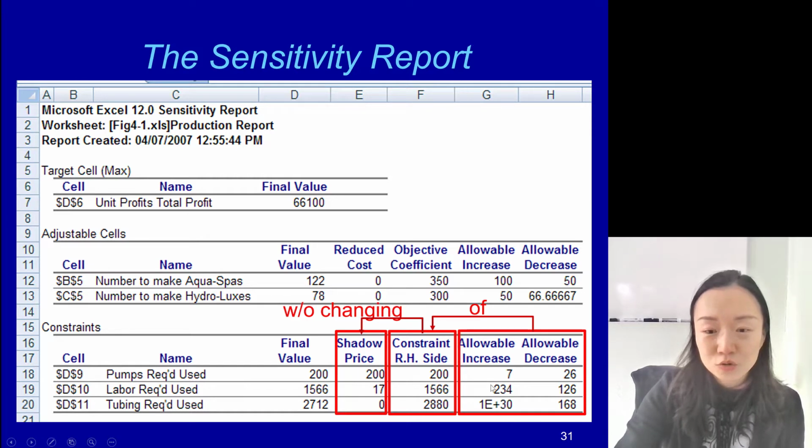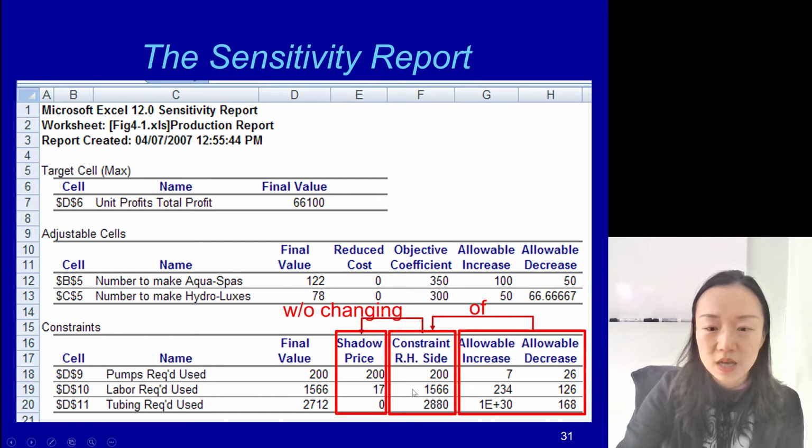The same thing goes for this 234. Currently, this labor constraint is one of the constraints that's limiting our objective function value from going up. And the sensitivity report tells us that if you get more labor up to 234 units, then you can keep increasing your total profit by 17 units per increase.